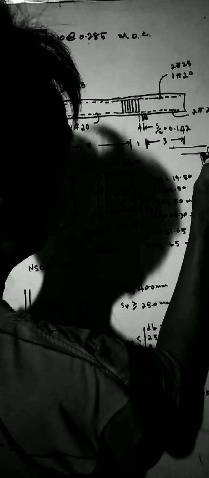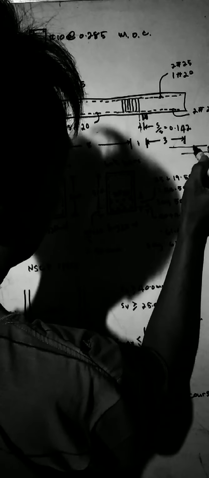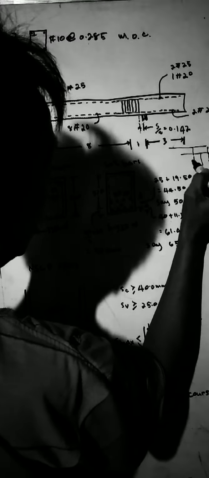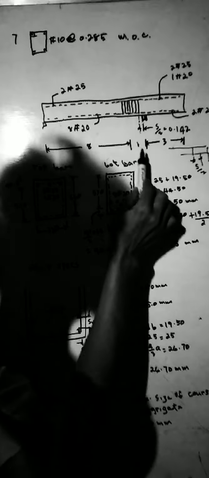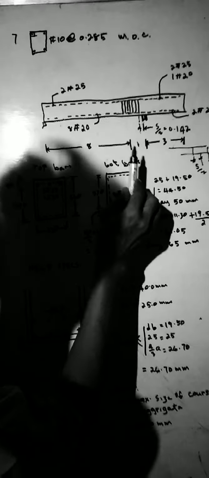Our stirrup begins here, not here, which is measured S over 2, meaning whatever the spacing is divided by 2, and you measure it from the face of the support. So you place the first stirrup.